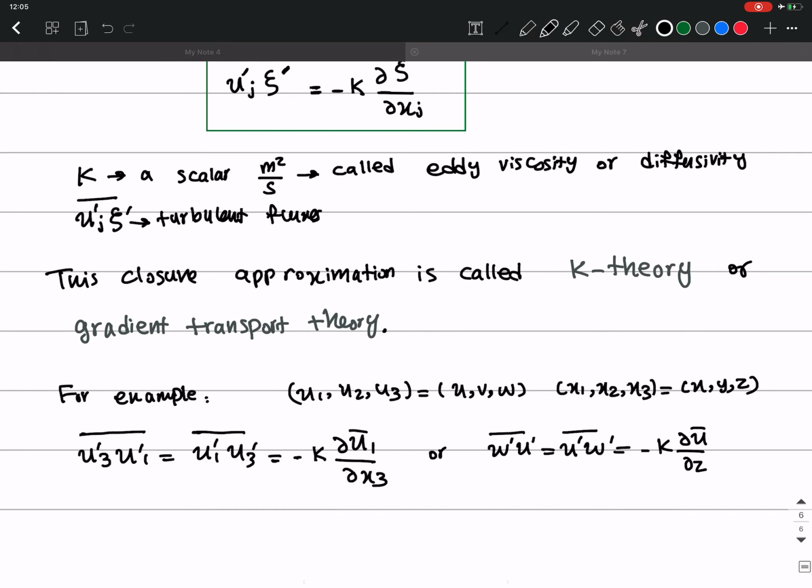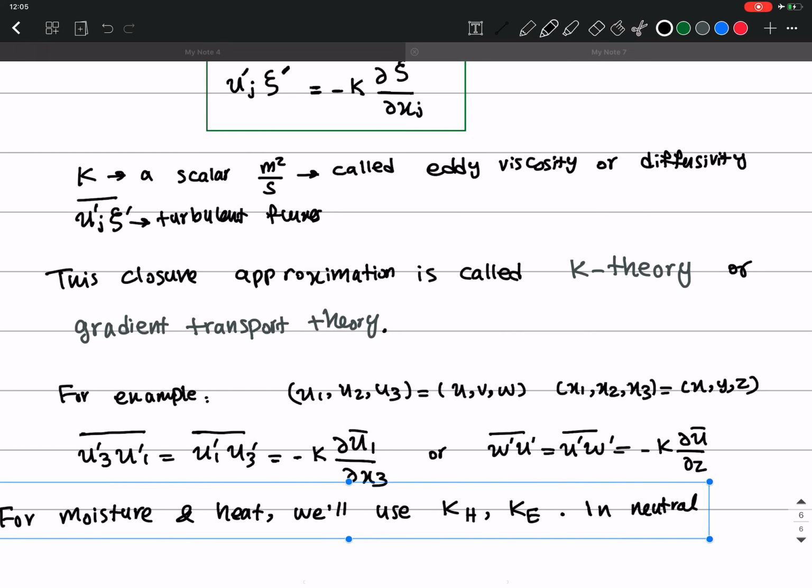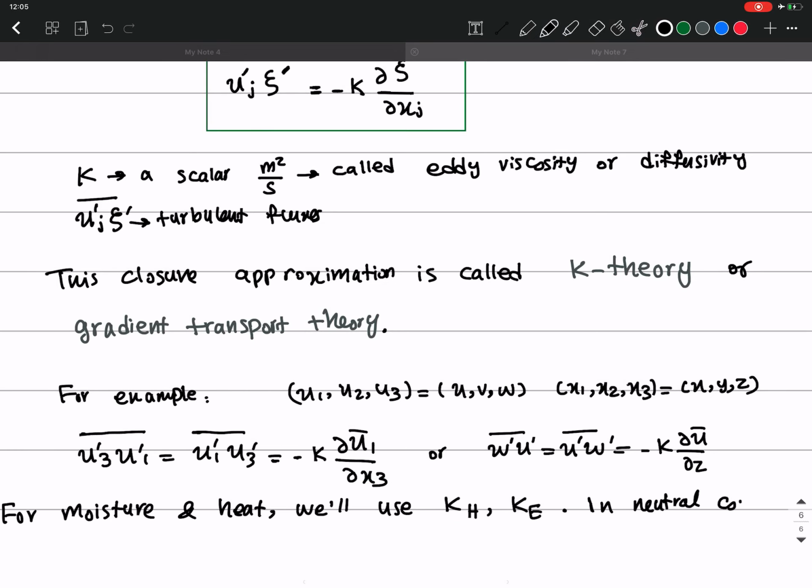But this relation is also valid not just for velocities, but also for heat and moisture. So for moisture and heat, instead of K, we use KH for heat and KE for moisture. And we know that in neutral conditions, there is a relation between KH, KE, and K from momentum.